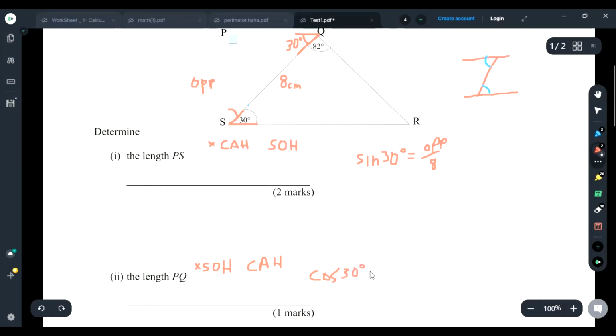Cosine 30 degrees equals adjacent over the hypotenuse, which is 8. Right? And you guys will do that work to figure out what that is.